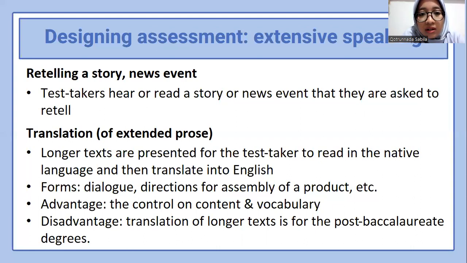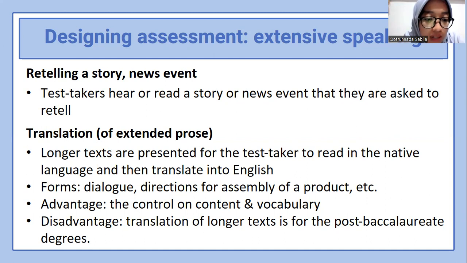Okay, so retelling a story or news event. The test taker reads a story or news event that they are asked to retell, and then the translation of extended prose. Translation of words, phrases, or short sentences was mentioned under the category of intensive speaking.